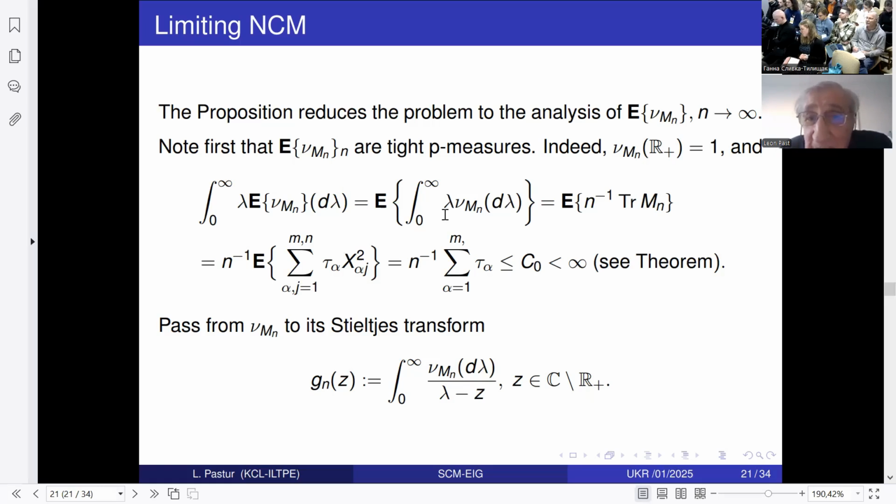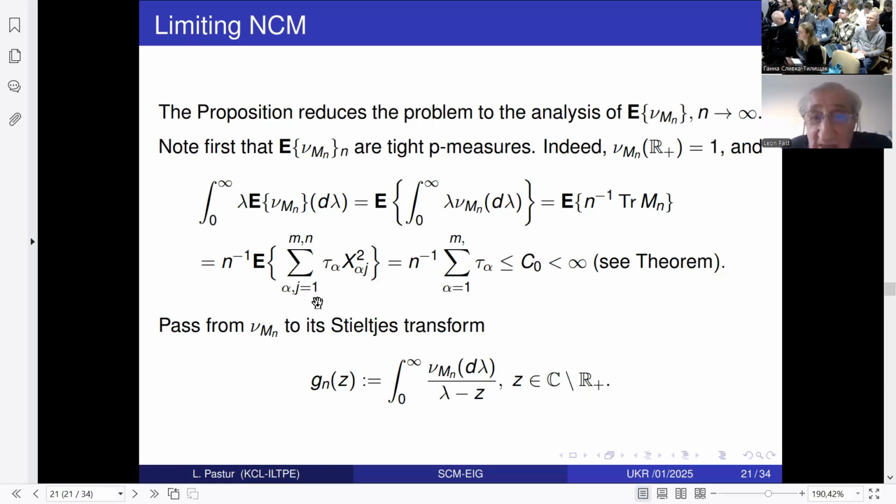But by definition of our eigenvalue counting measure, and by the spectral theorem, this integral is nothing but n to the minus 1 trace of Mn. Now we compute the trace by using the definition of our matrix Mn.